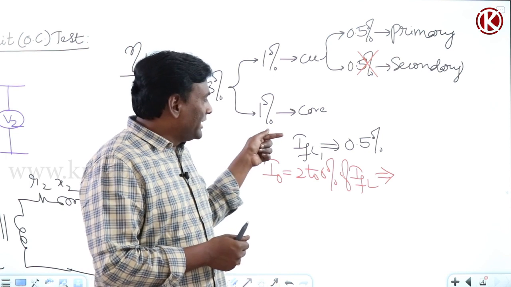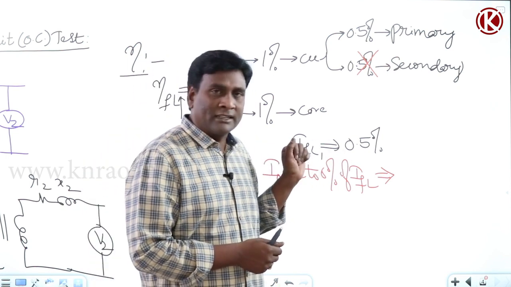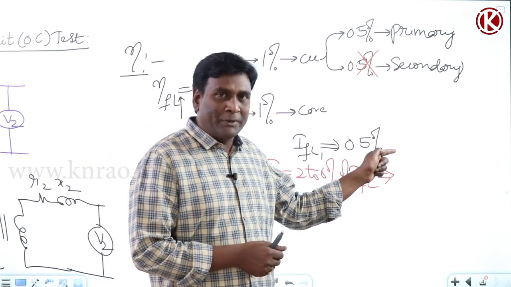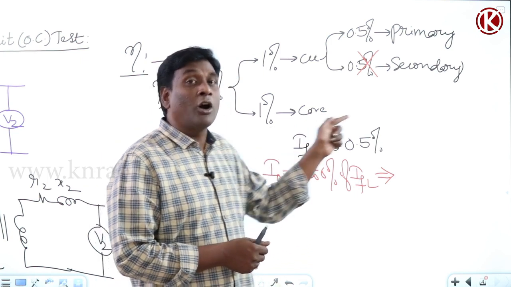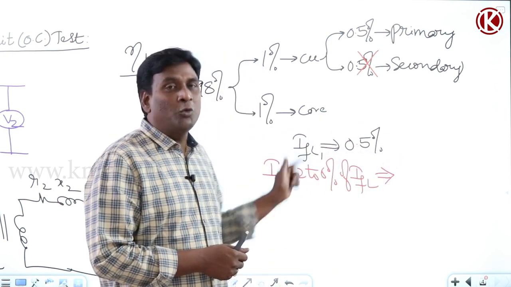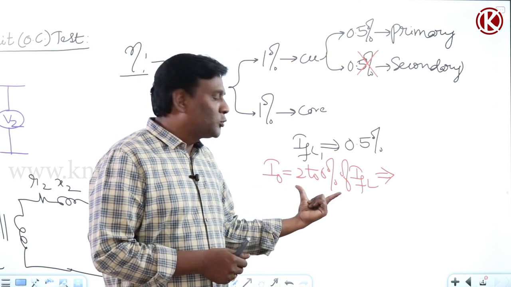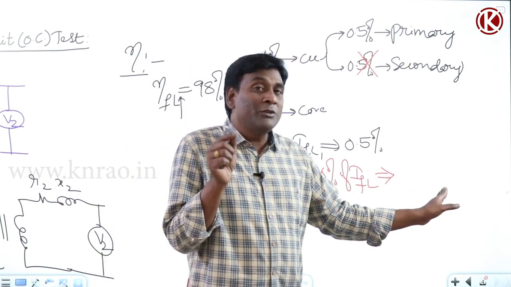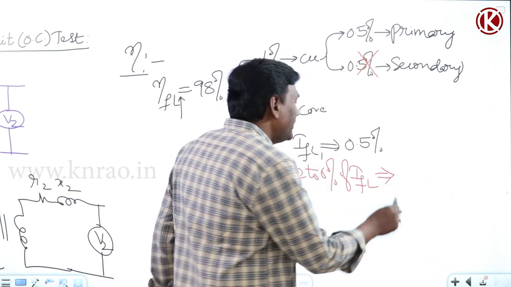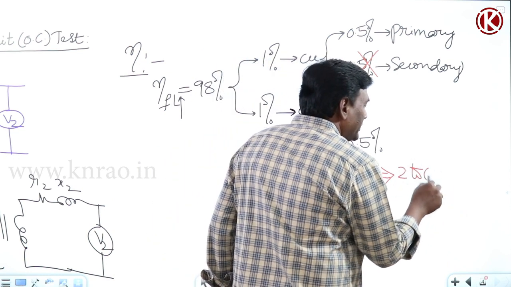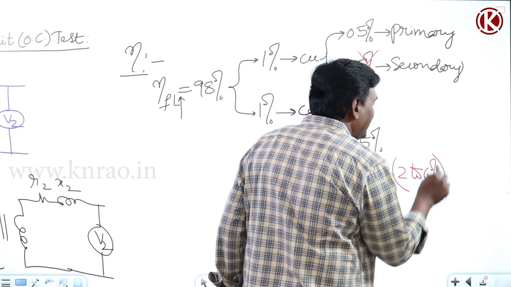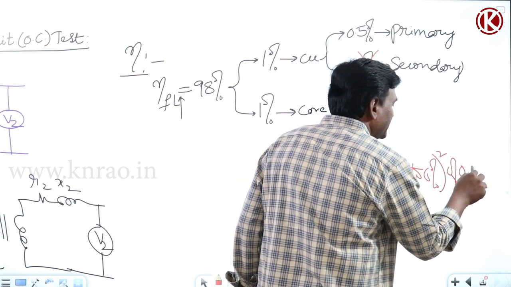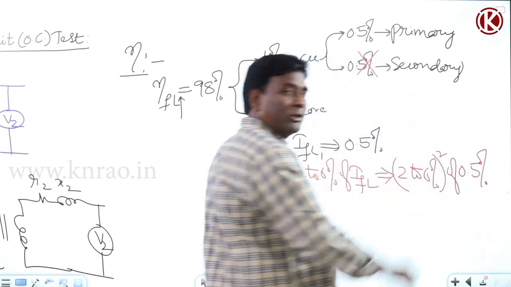So if full load current is flowing, for example this loss is X%. If I inject half full load current, it is half square X. If I inject 1/4 full load, it is 1/4 square X. If I inject 2 to 6% of full load current, how much will be the copper loss in the primary winding? It is going to be 2 to 6% squared of 0.5%.